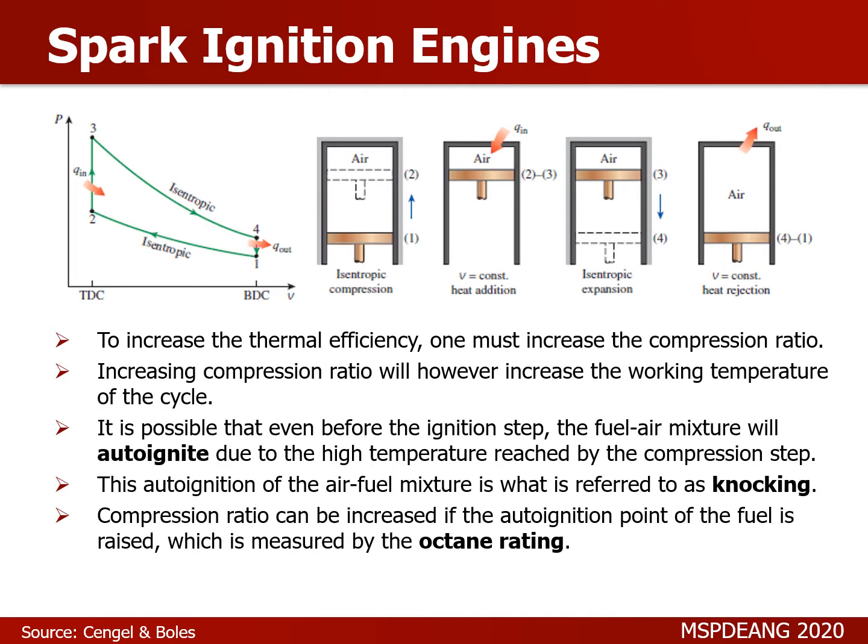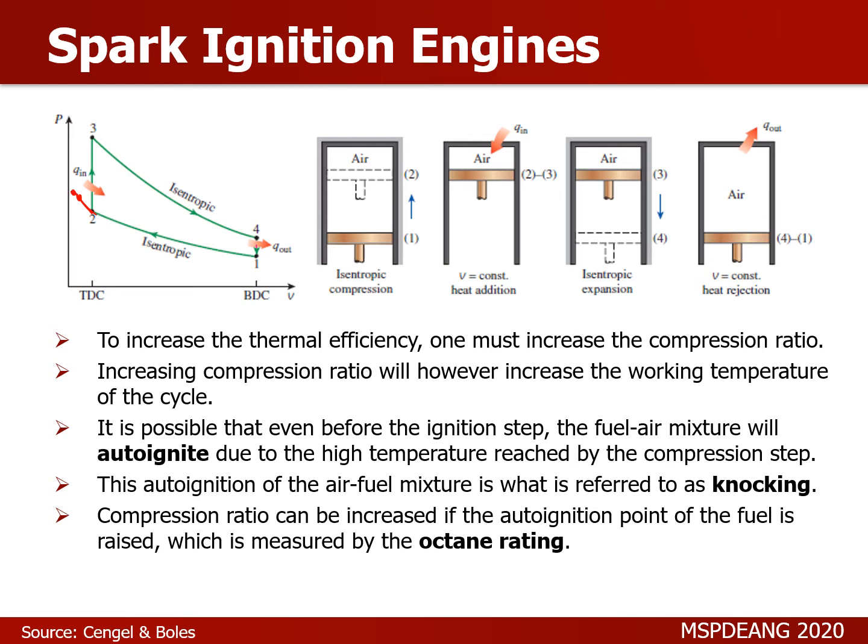Now, for spark ignition engines, we know that to increase the thermal efficiency, you must increase the compression ratio. To increase the compression ratio, you want to further decrease the volume of state 2 to somewhere around here, maybe. However, when you increase the compression ratio, you will also be increasing the working temperature of your cycle.